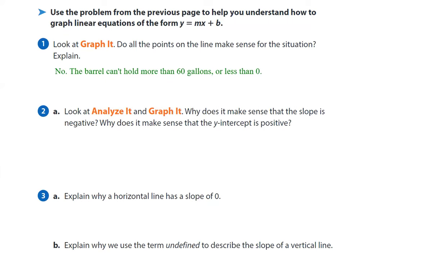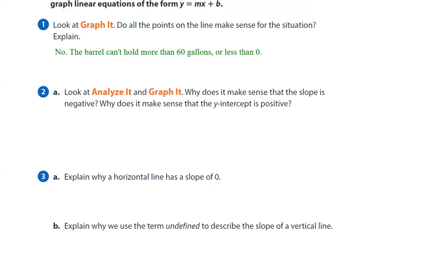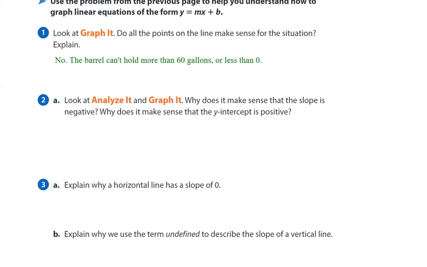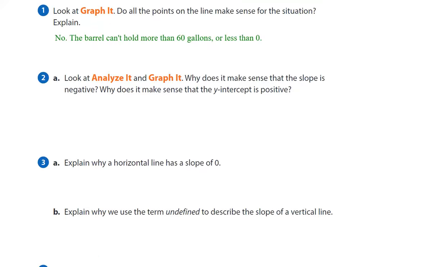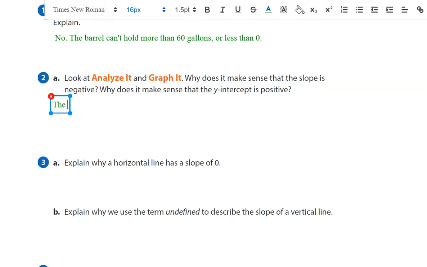Okay, number 2 has a part A, but no part B. Oh, book, you're so crazy. Look at the analyze it and graph it. Why does it make sense that the slope is negative? Why does it make sense that the y-intercept is positive? Well, why is the slope negative? What's happening to the barrel? The slope is negative because the barrel is losing water.